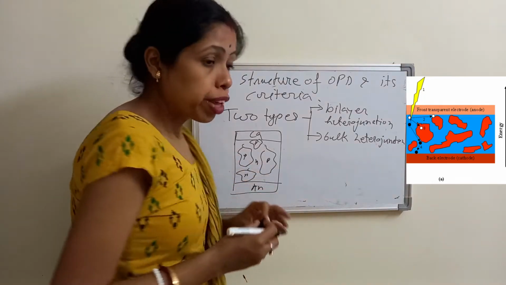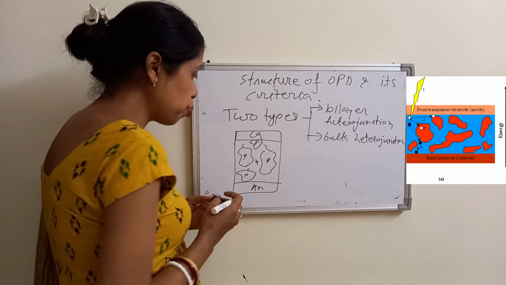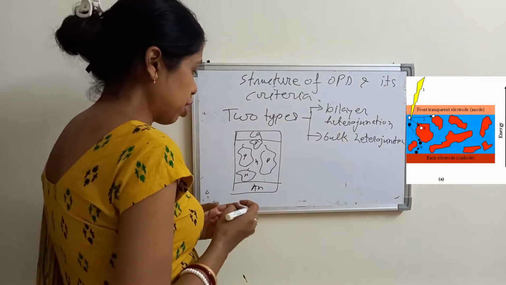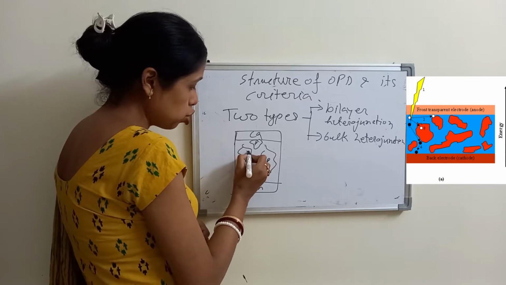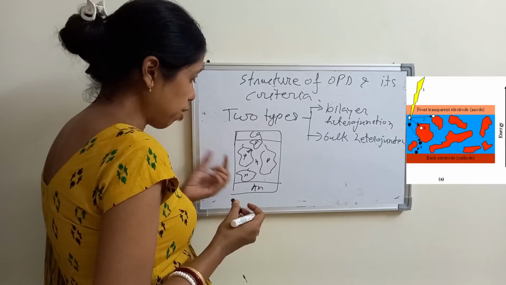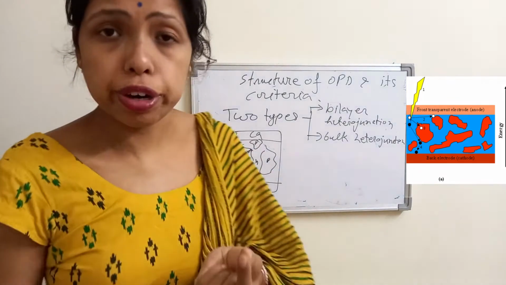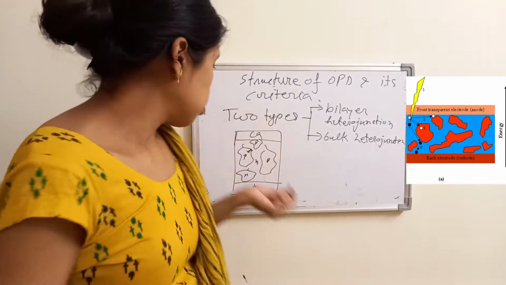What I told, if the exciton diffusion length is less, before reaching the interface, the exciton will be recombined, right? This will not happen in the case of the bulk heterojunction, because suppose the exciton is generated, it will easily reach the interface. Even if the exciton diffusion length is 2 nanometer, the exciton can be dissociated, right?